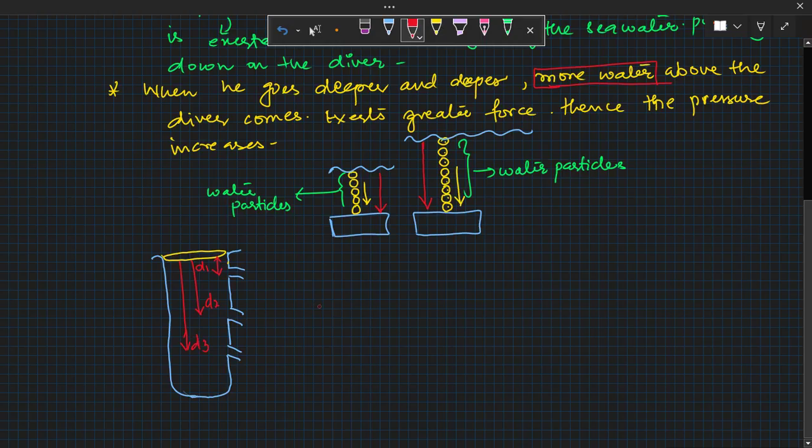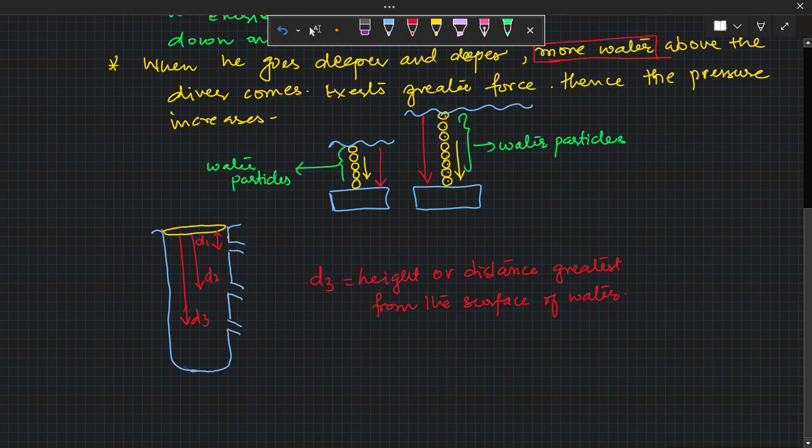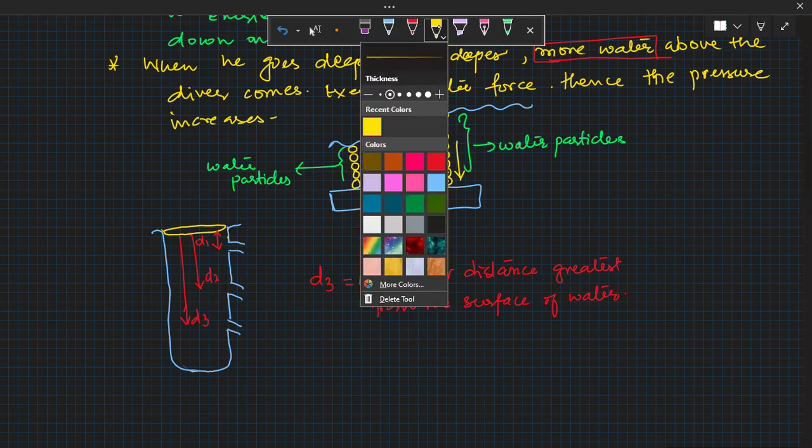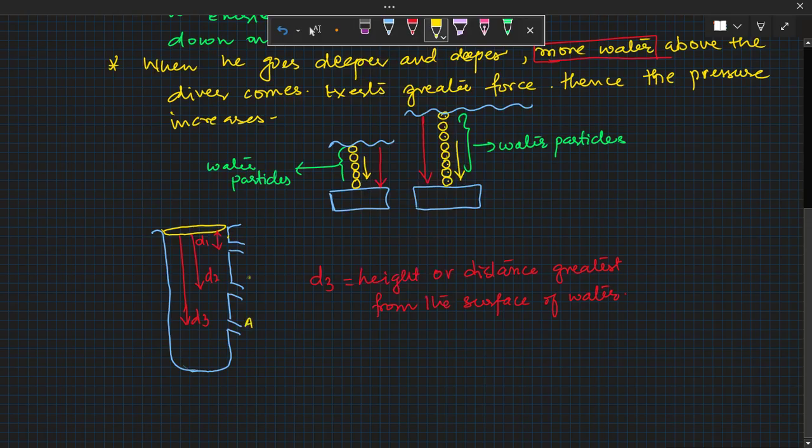You know that d3 is the greatest height, or distance, from the surface of water, right? So what do you think, where will this water go? Say this is outlet A, say this is B, and say this is C. So A will throw the water most away from the container.